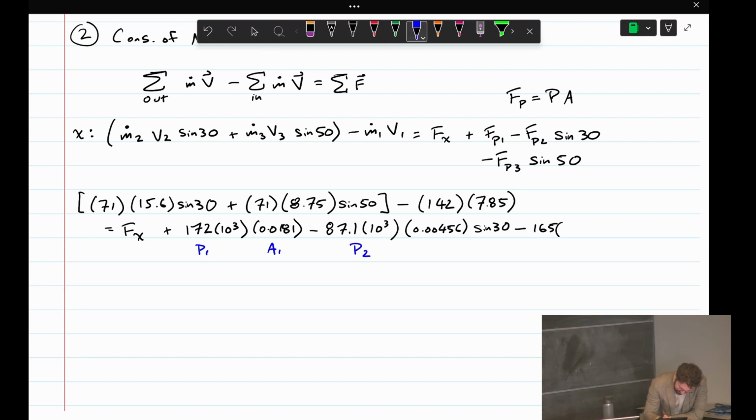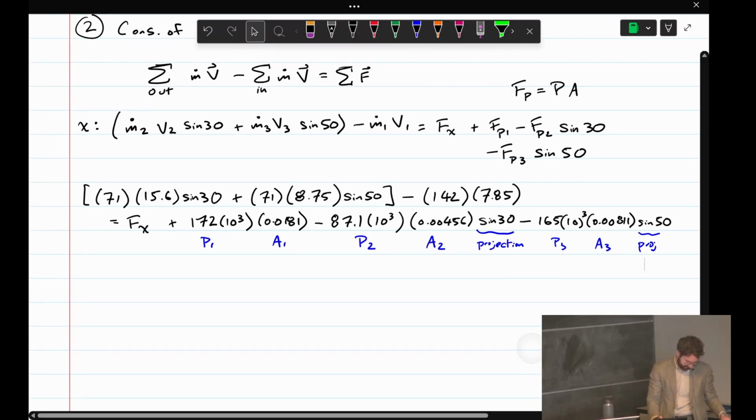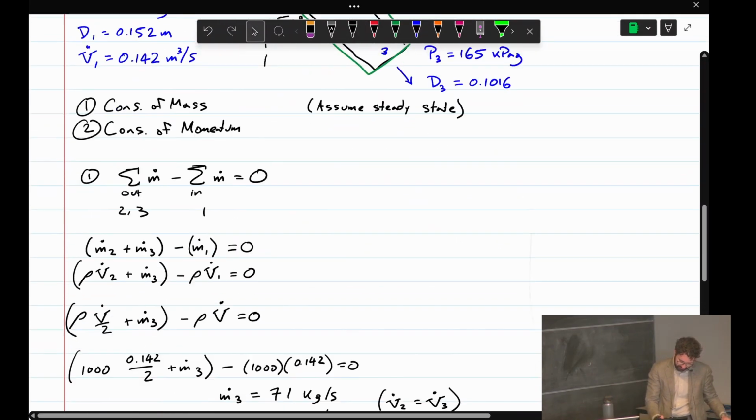So this is P2A2, and then that's the projection into x. And this is P3A3. Projection. I'm just going to quickly check those. Sorry. Okay.